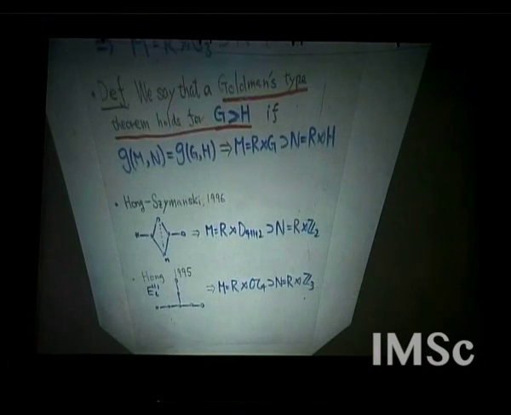Then Hong and Izumi gave a Galois type theorem in '96. Actually, in their case, the bigger group is a dihedral group of order 4n plus 2, and the smaller group is Z over 2Z. It's not normal. So Hong and Izumi got this nice Galois type theorem, and also Hong got this Galois type theorem.